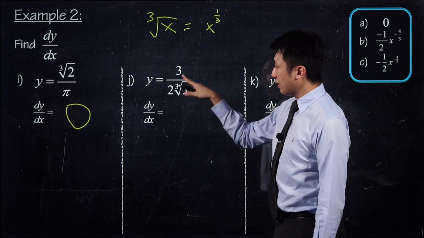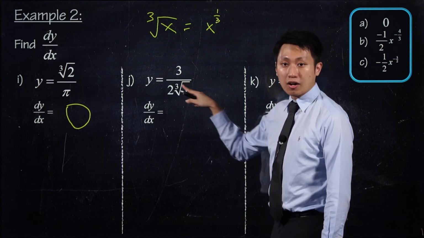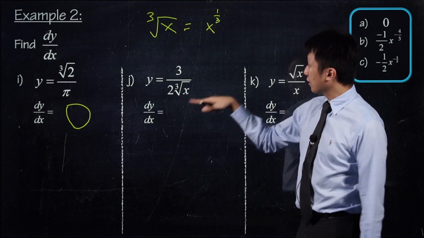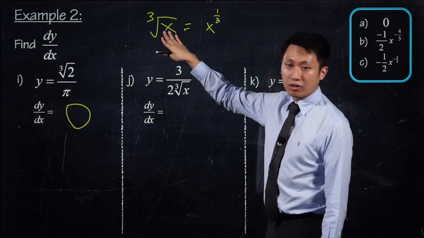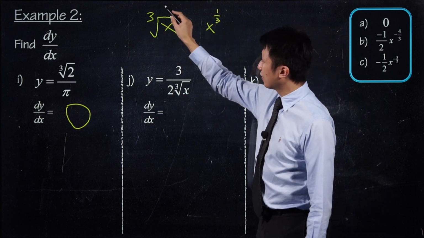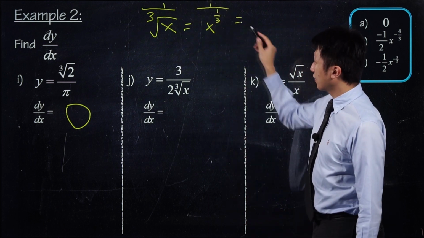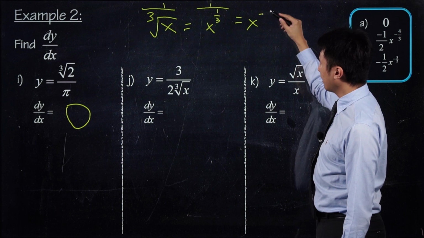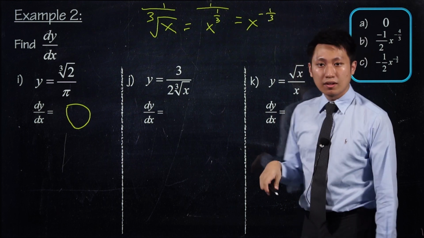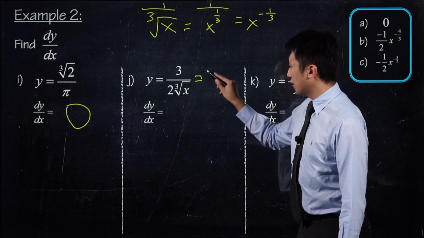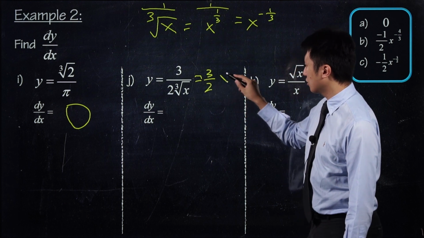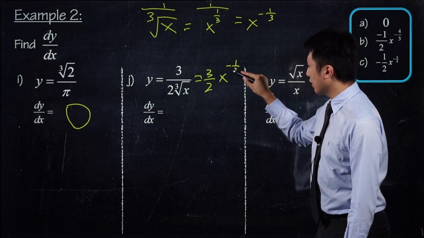Now here it's 1 over cube root of x. Correct? 1 over cube root of x means 1 over this one, which means x to the power of negative 1 over 3. Meaning that this is 3 over 2 x to the power negative 1 over 3.